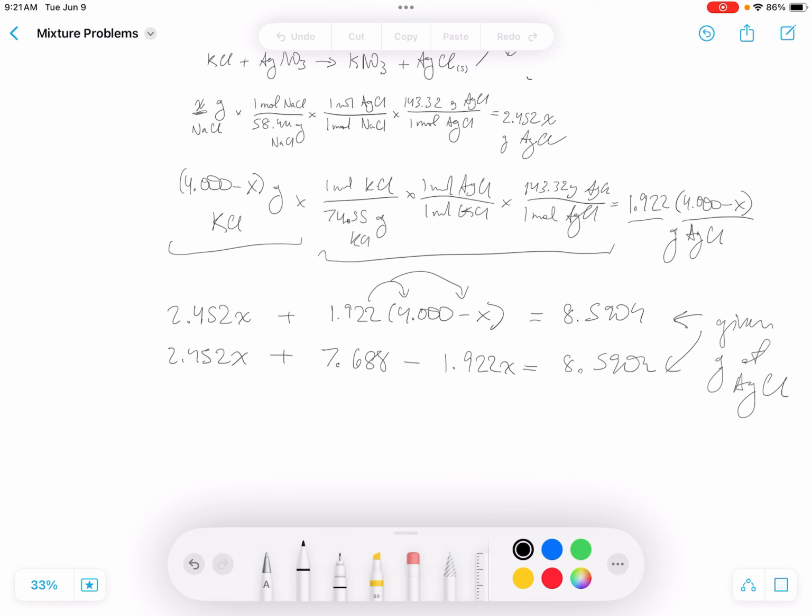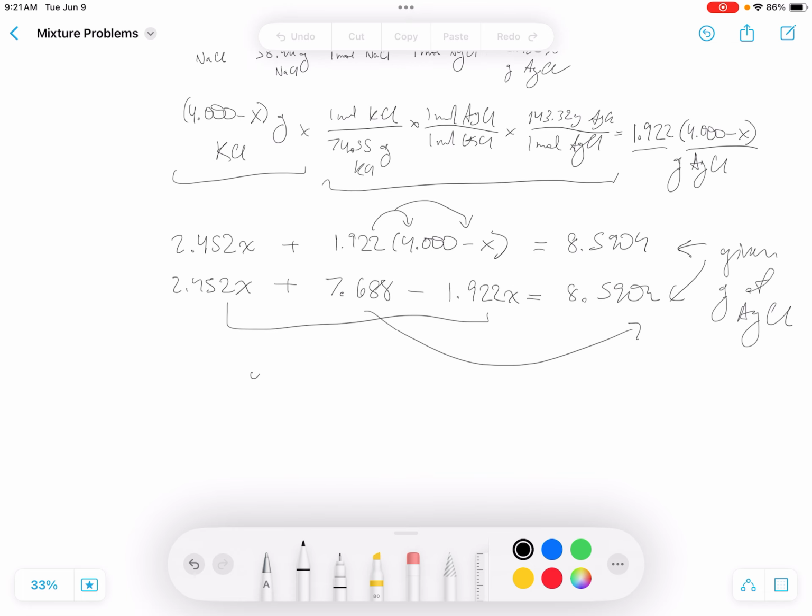Then let's keep going, right? You can subtract those two x terms and move this term to the other side. So what you end up getting is 0.530x equals 0.902. And if you solve for x, you get x equals 1.70.